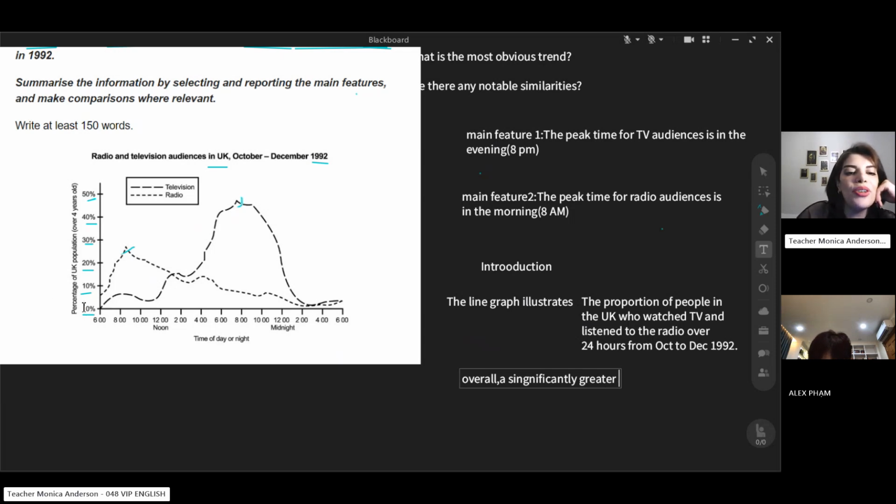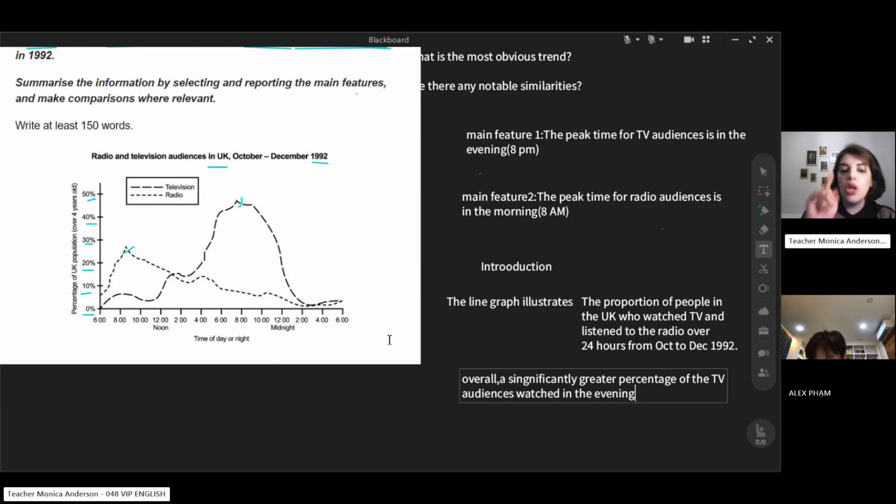Greater what? Percentage of the TV audiences. Now I don't need to paraphrase again because I paraphrased them in my introduction, so now I can repeat the words. So, percentage of the TV audiences who watched in the evening.